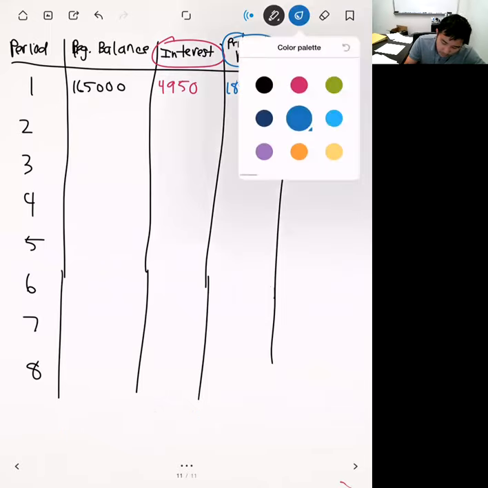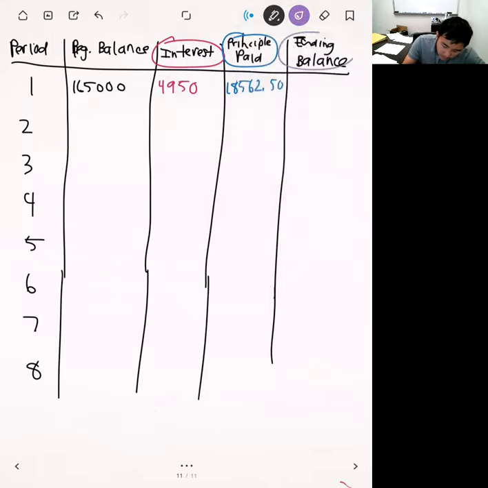Lastly, we have the ending balance, which is how much is left on the loan after you make your payment for that period. The way we compute that is we take our beginning balance and subtract the principal paid.